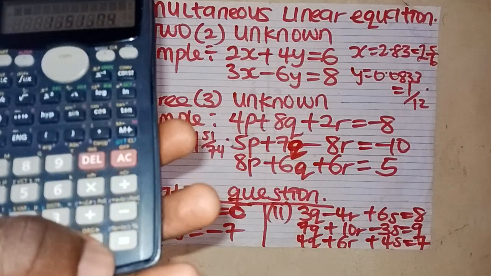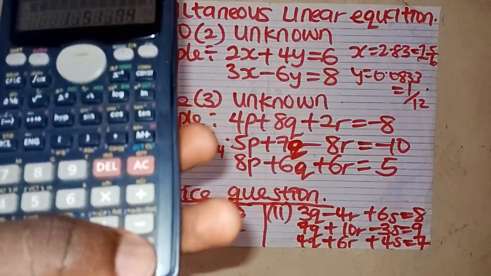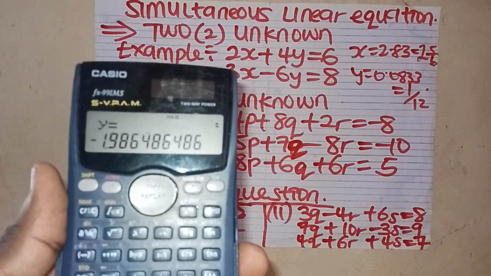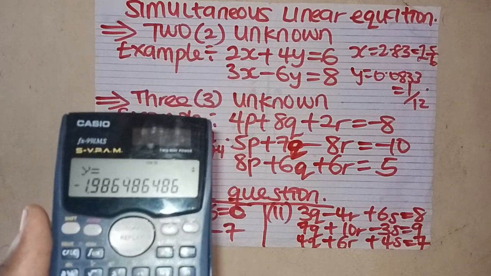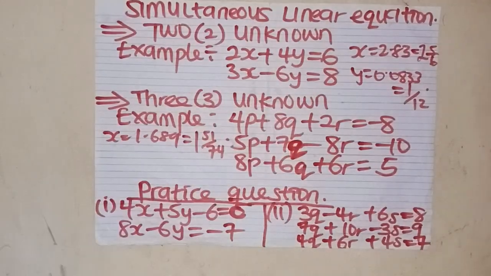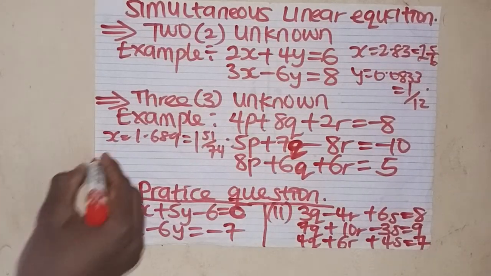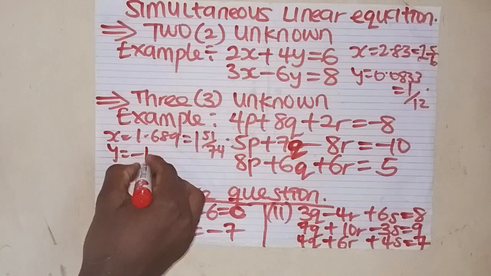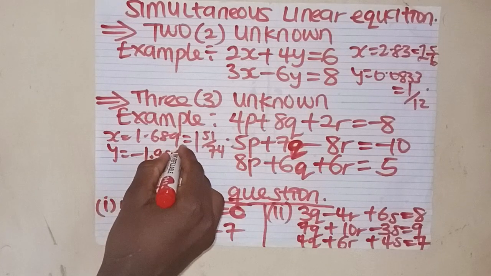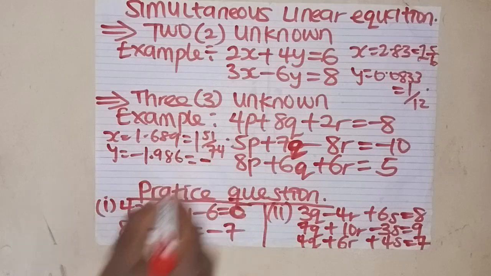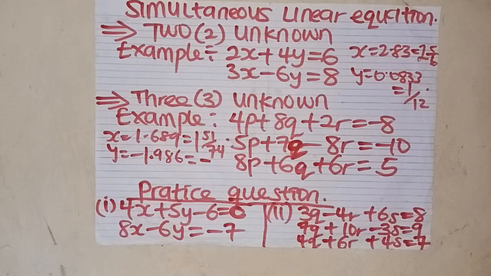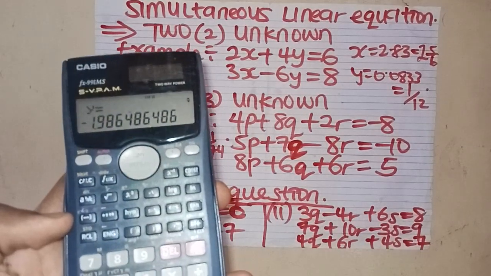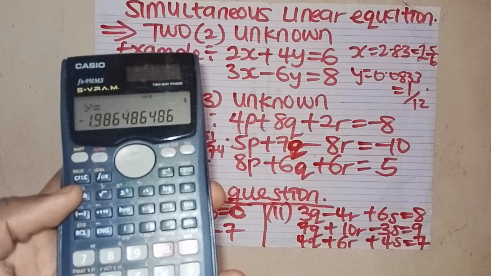you press this equal to again, press it once again, then it brought my y. So y equals minus 1.986, which is the same thing as our q in this place. Now let me press this sign for it to change it to us as a fraction.